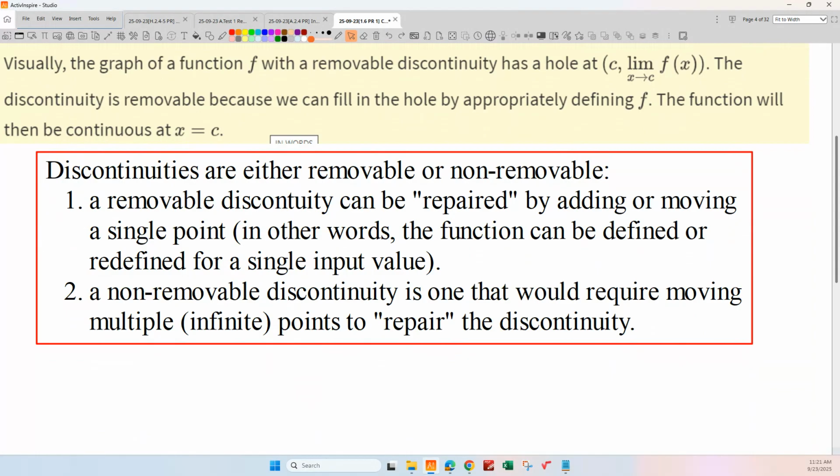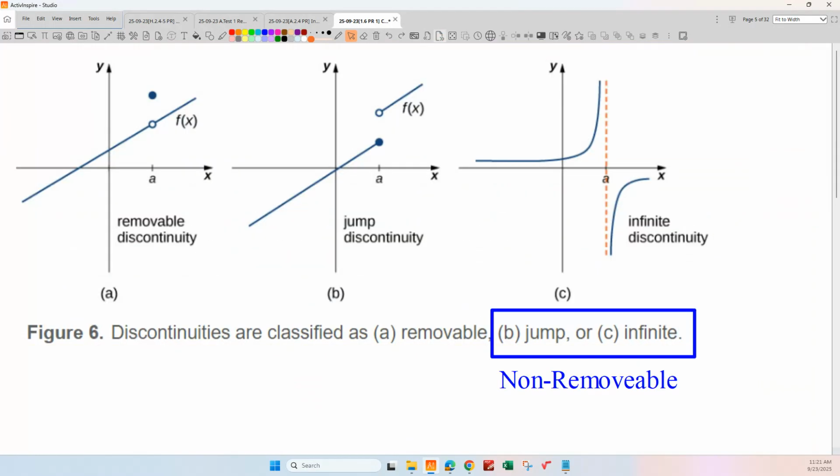A non-removable discontinuity is one that would require an infinite number of points to be moved. And for that reason, it's non-removable, okay? So that's an example of a removable discontinuity. That's a non-removable discontinuity. And that's a non-removable discontinuity. Okay? Make sense? Just vocabulary. But you got to get that stuff straight because the textbook will talk about that a lot.